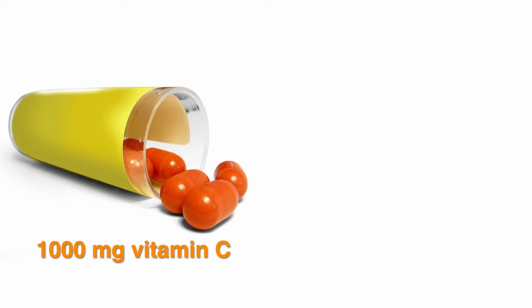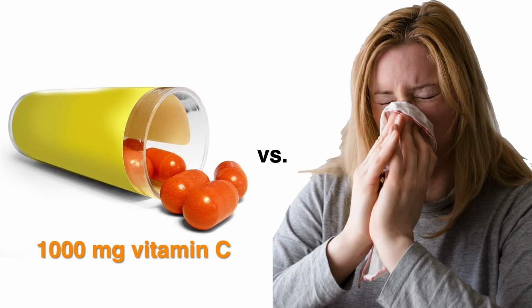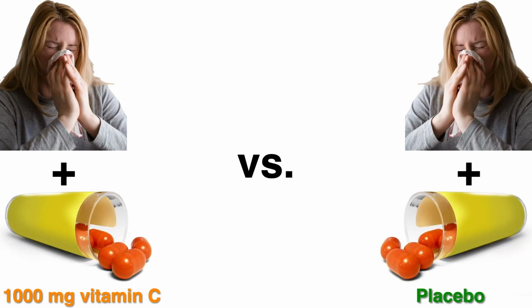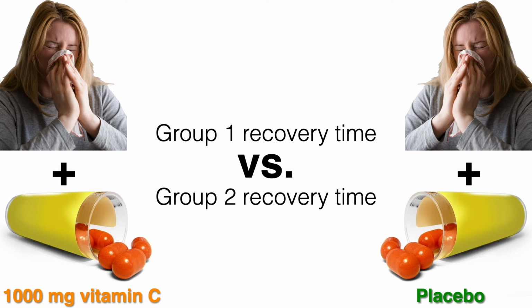Well, we know that most people will recover with or without the vitamin C. So just having one group doesn't help us. We need to compare those taking the vitamin C with those not taking vitamin C and see if there is a difference in recovery times between the two groups.